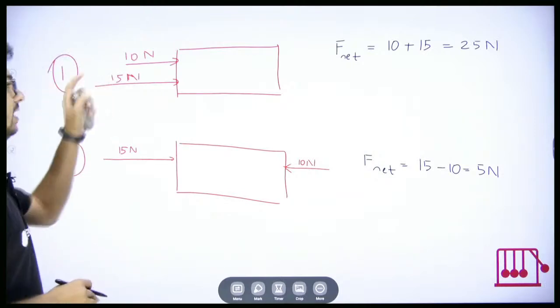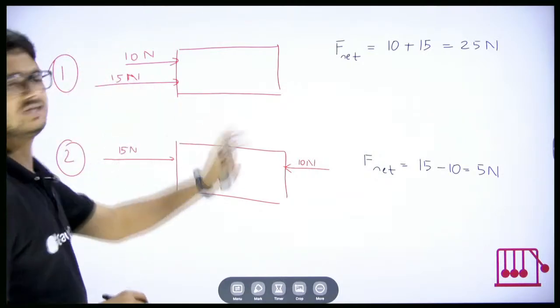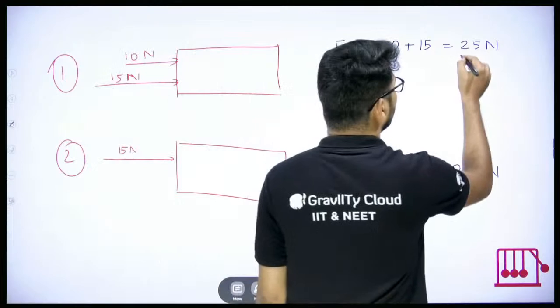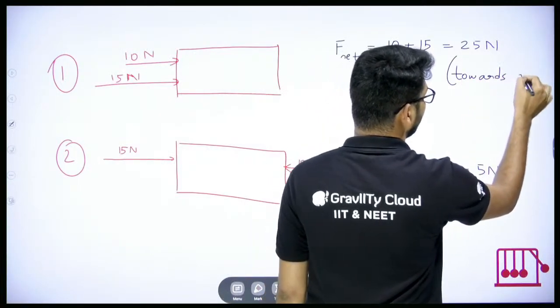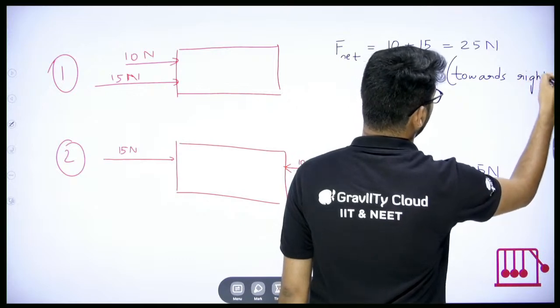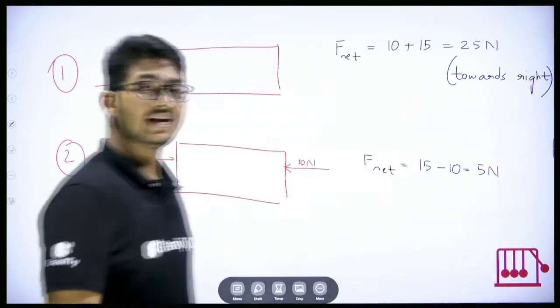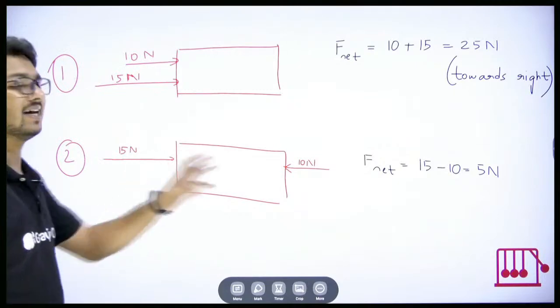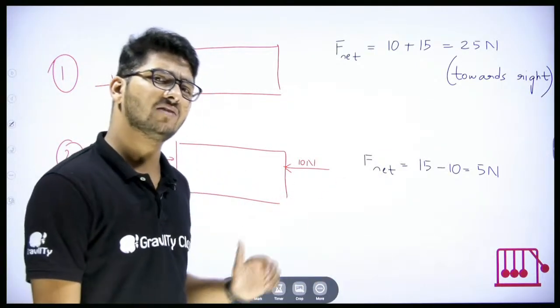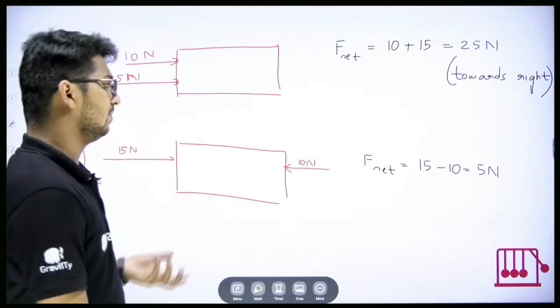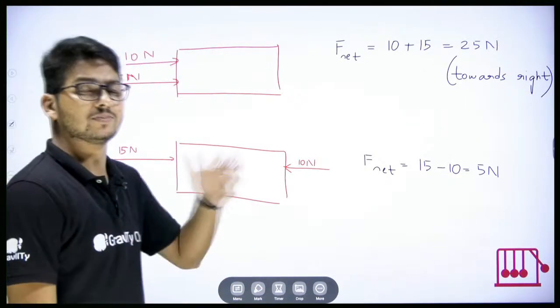Here when they are in the same direction, you add them and you say it is 25 Newton towards right. But in the second case, both the forces are in opposite directions. So in which direction will the net force be? Or in simple terms, in which direction will the box move?